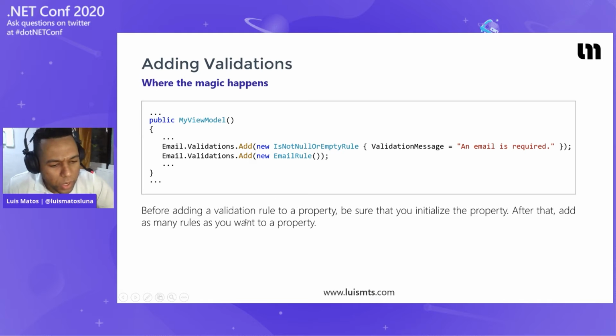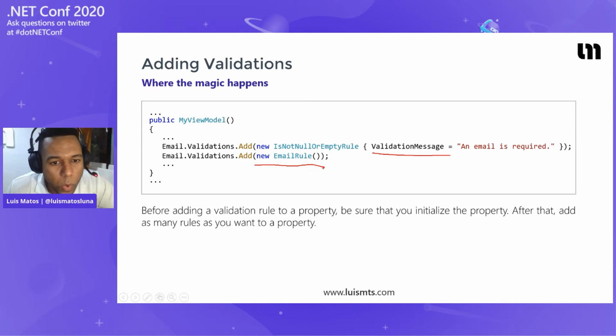So here we have some rules that we are adding to the same property. For example, we need to validate this email property. We have a validation there, we just add the not null or empty rule, and we set a message. And the other one is the email rule.